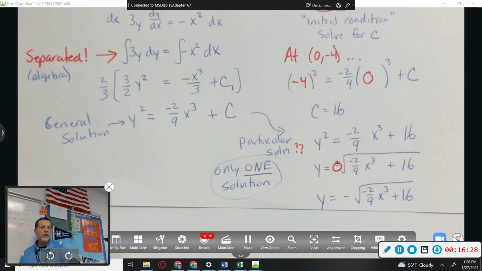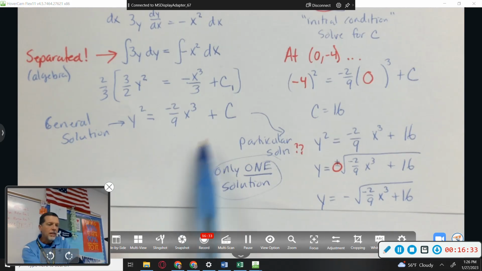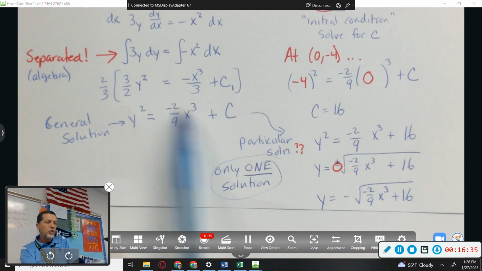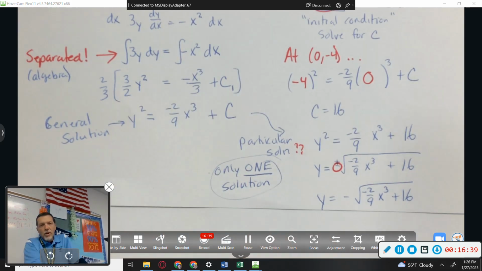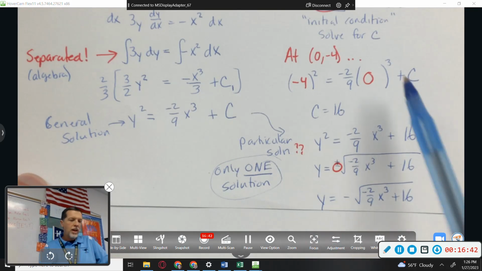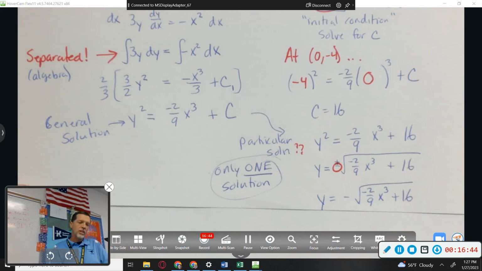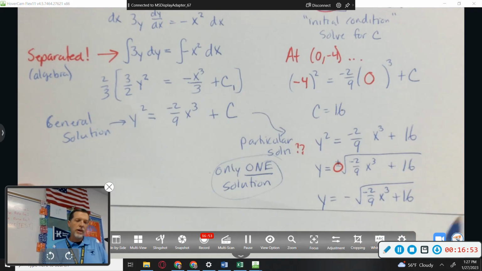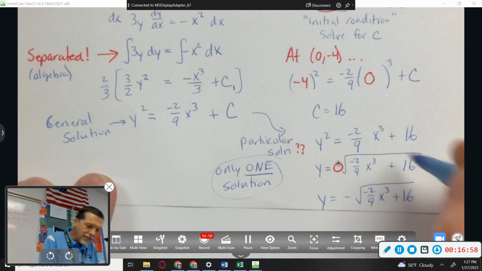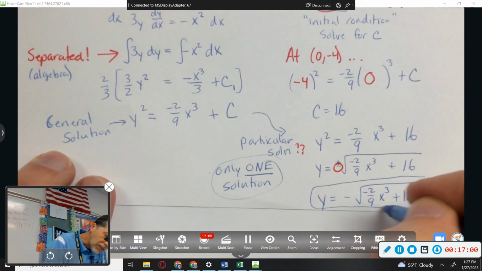They all take multiple steps because the algebra might be complicated, the integration might be complicated, and there's always two integrations. So maybe one of them's hard, one of them's easy. Maybe they're both straightforward. And then you have to plug in your initial condition. So Trey, back to your question earlier of why are we doing this for 3 days? Why is it only one worksheet? Because each problem takes a while. So that is the answer.